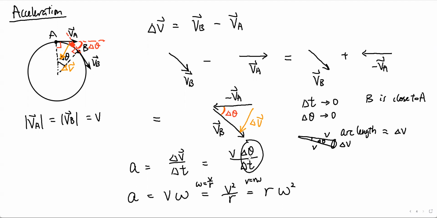The angular speed can also be written as V over R. You learned it, you had this formula before. And then by substituting omega as V over R, you get V squared over R. Or if you substitute the V in the formula, then you get R omega squared.